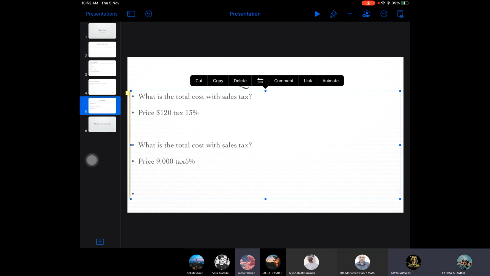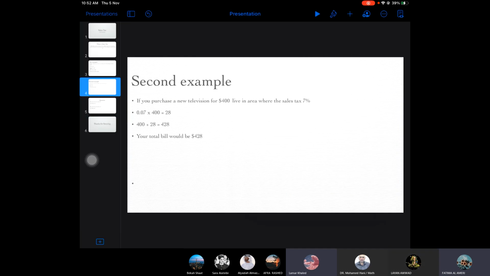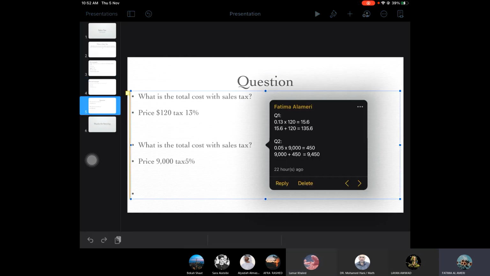Great. As we said here, we can turn it to a decimal. So great for you, Layan. The first question is solved correctly. Even the second one: first we change the 5% to a decimal, then we multiply it with 9,000. We will have 450. Then we will add 9,000 with 450. So the answer will be 9,450.